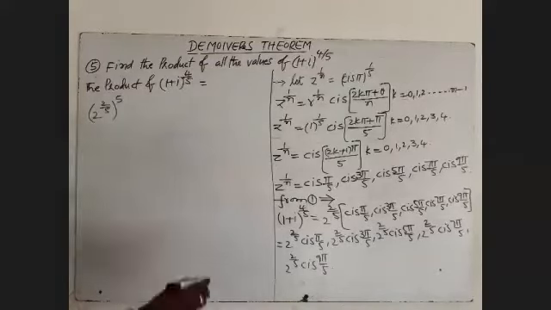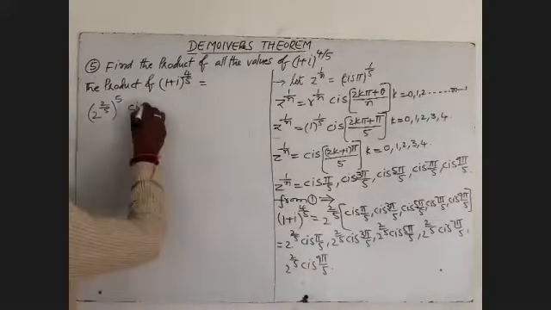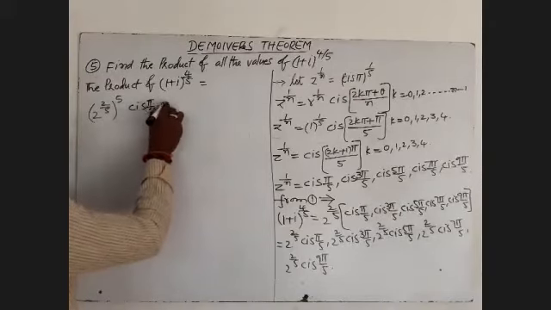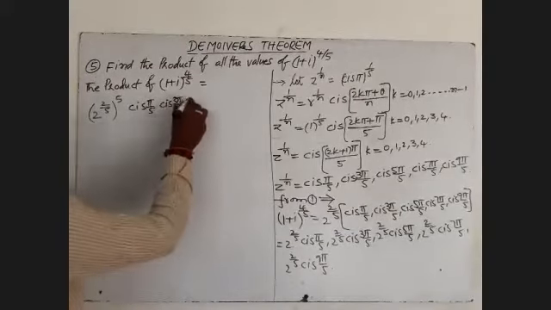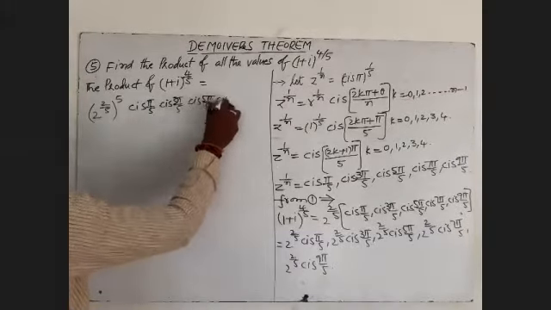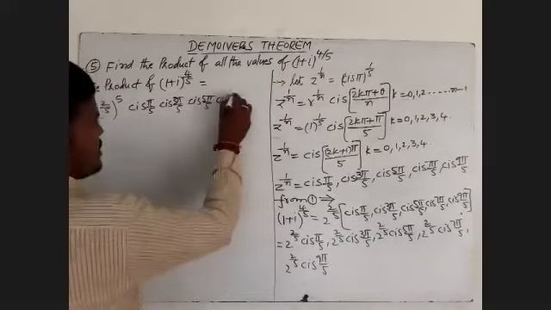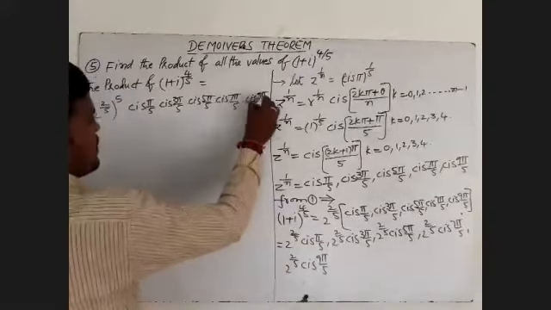Remaining, we have to write cos of their multiplication: cos pi by 5 into cos 3 pi by 5 into cos 5 pi by 5 into cos 7 pi by 5 into cos 9 pi by 5.